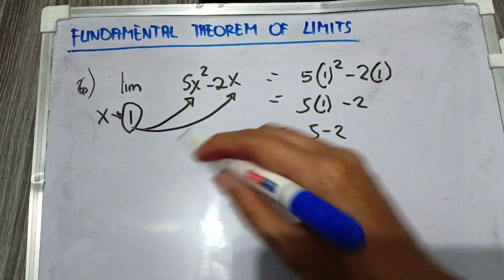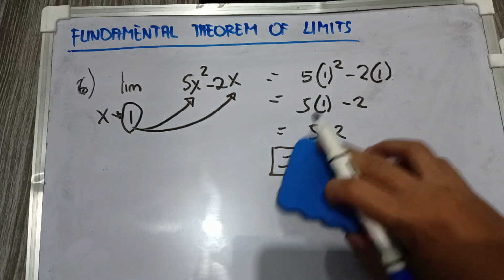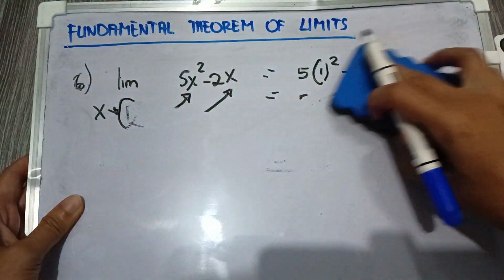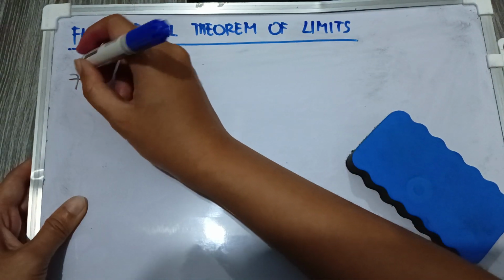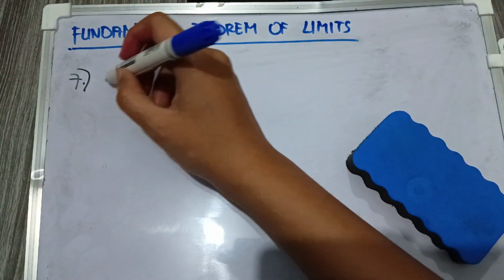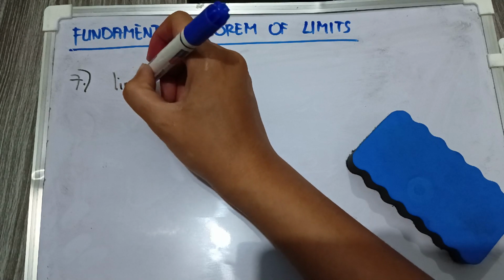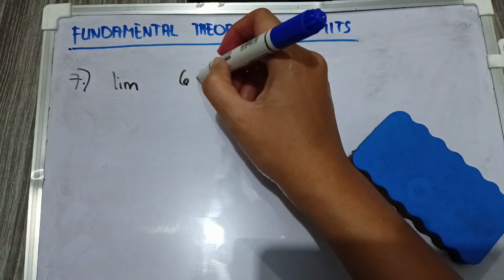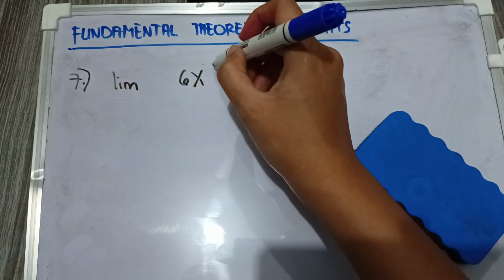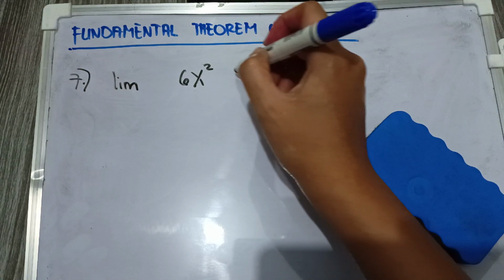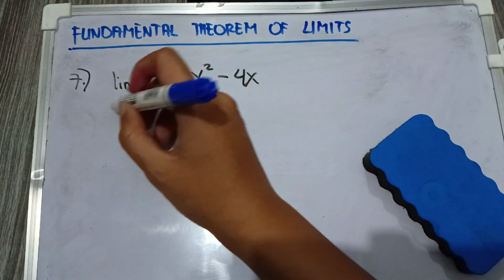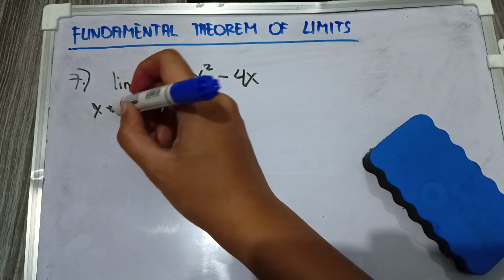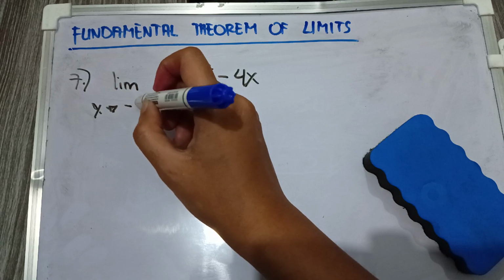So, another example. You can pause the video so you can practice it yourself. What is the limit of 6x squared minus 4x when x approaches negative 2?